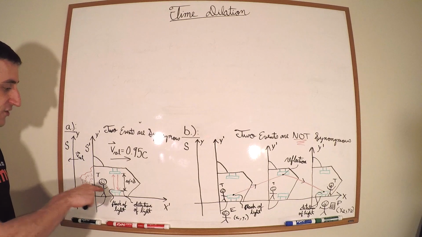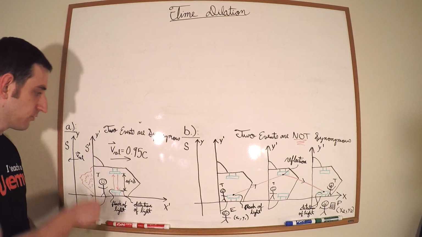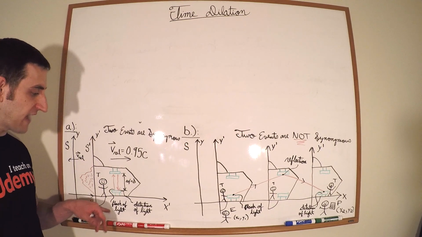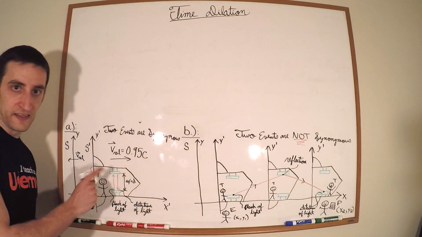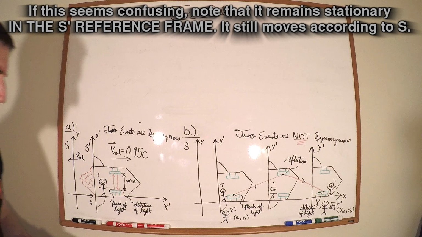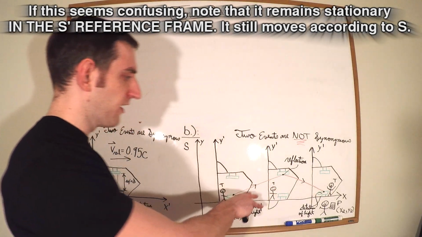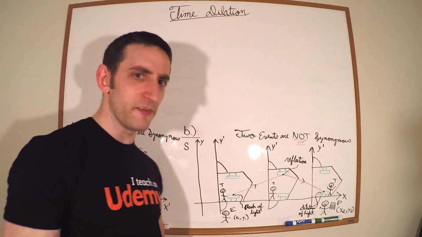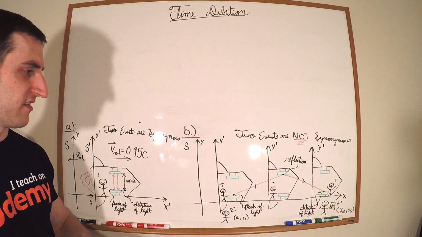Your x and your y of that event have remained constant, right? So x prime and y prime in S prime are not going to change between the flash of light and the detection of light. The light moves, the detector remains stationary. Now, at the same time, we're going to have Philip, he's going to stay on the Earth in reference frame S with x and y, and he's going to enlist his partner, Eric, who's also going to assist with this.